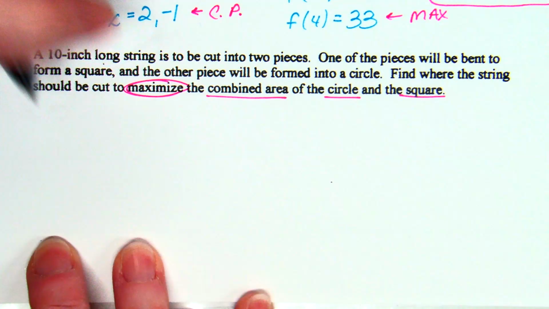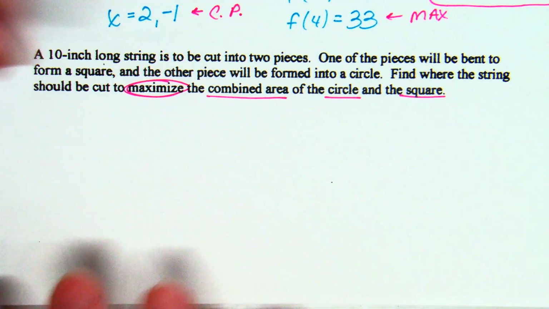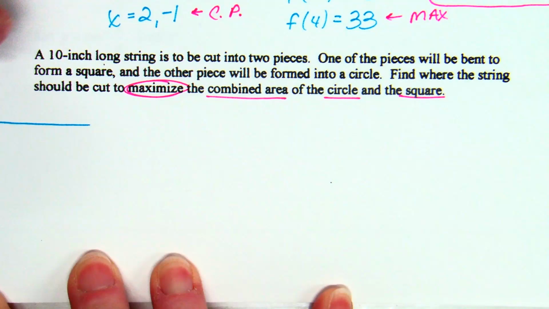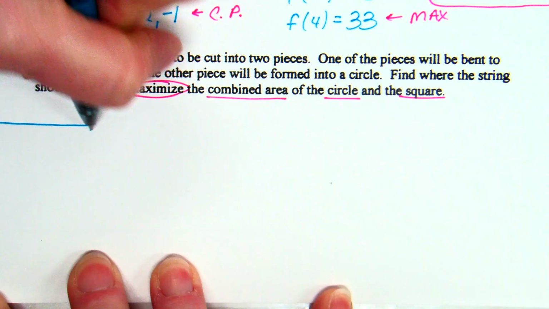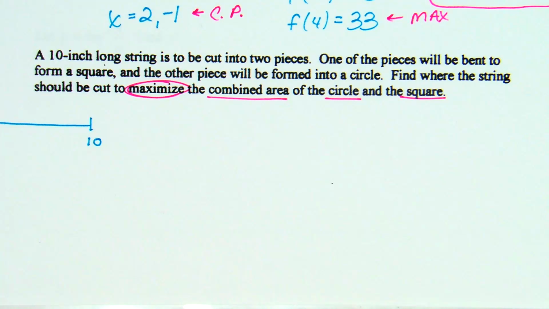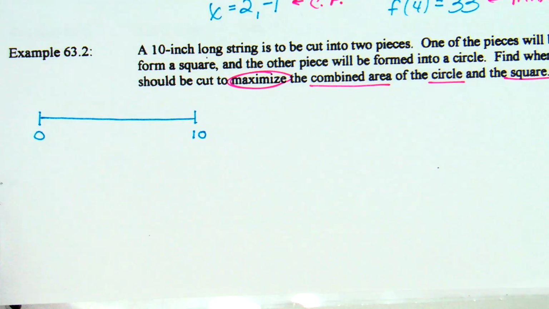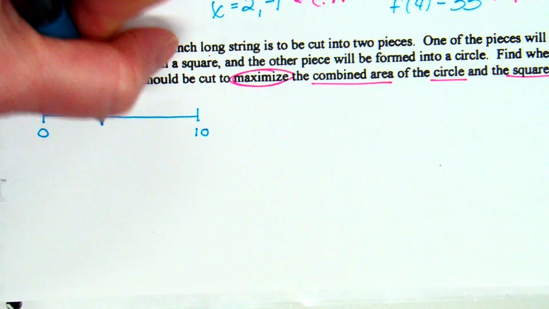Here's my 10-inch long string. It goes from 0 to 10. You just can't see it. I promise it does. Okay, so there's my string. It goes from 0 to 10. And what's being done? It's being cut into 2 pieces.